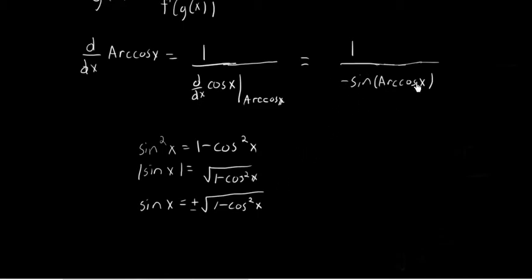If we plug back into this expression here, this expression will become 1 over this minus, and having a plus or minus in front of it, we can write it as a minus plus here. So that minus plus over the square root of 1 minus the cosine squared, but here, instead of x, the argument will be arccosine of x.